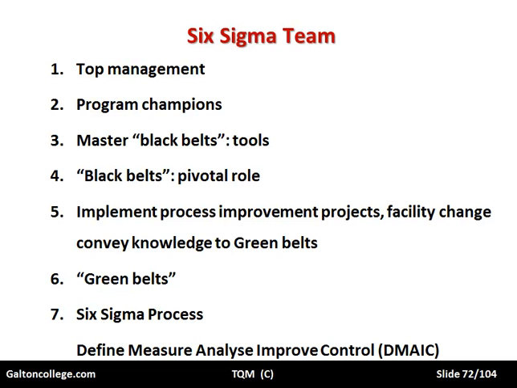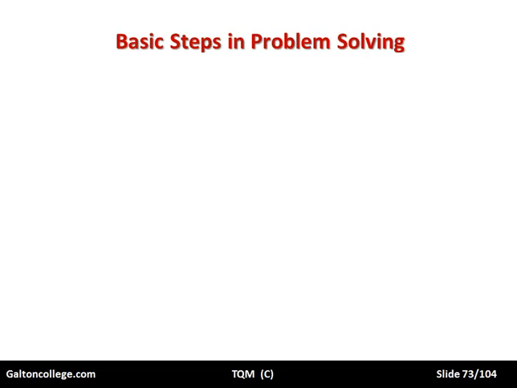And there's often talk in the literature about what's known as define, measure, analyze, improve, and control. That approach is the one that may be followed in the context of Six Sigma. Defining the problem, measuring it, analyzing it, improving it, and then controlling it. Now, the basic steps in problem solving.